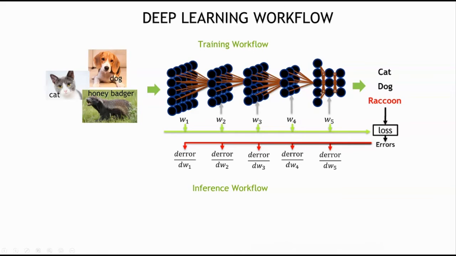And then because you have the ground truth, you can use the loss function to find the error. And then you do the back propagation algorithm, wherein you're trying to calculate the error with respect to each of these particular layers, from the last layer to the very first layer, right?